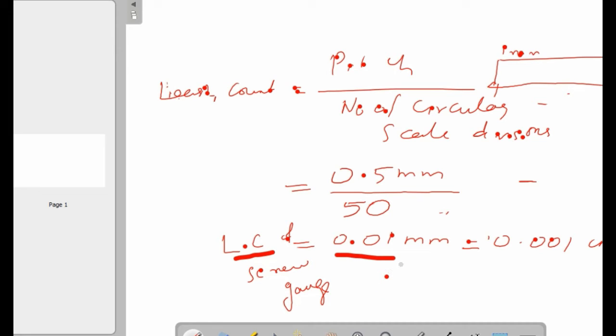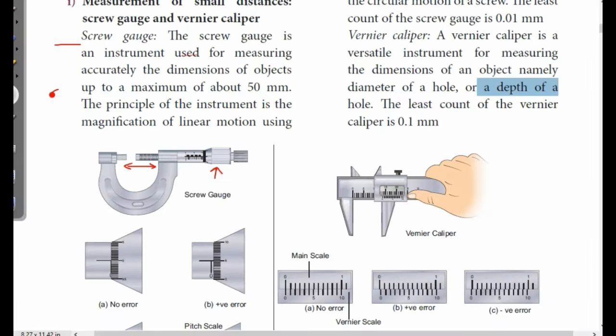Now we go back to Vernier calipers. The Vernier calipers is an instrument for measuring the dimensions of an object, namely the diameter of a hole or the depth of a hole. The least count of the Vernier caliper is 0.1 mm.